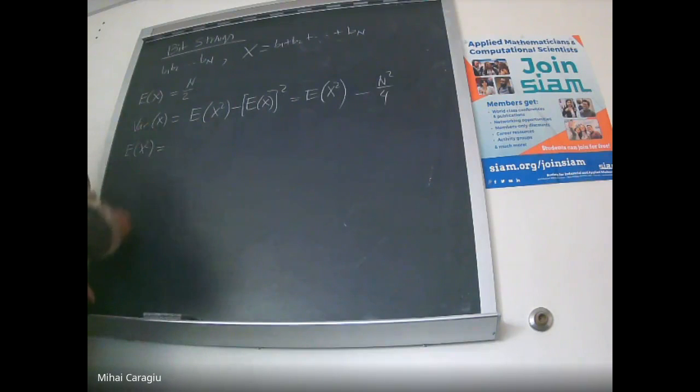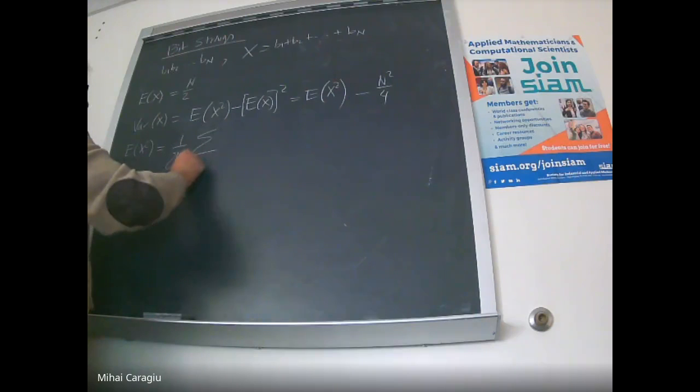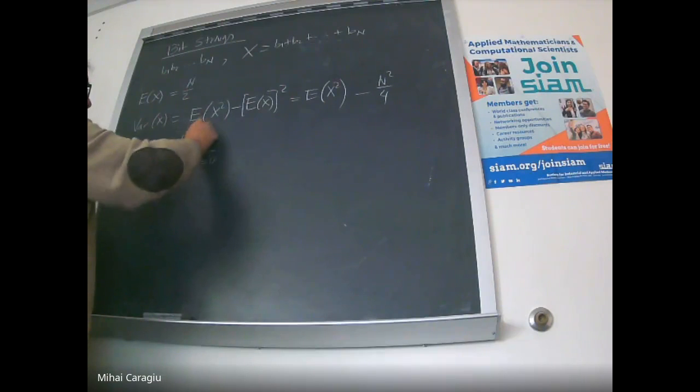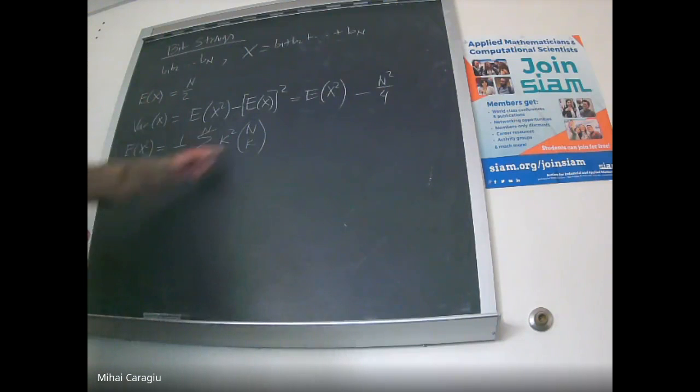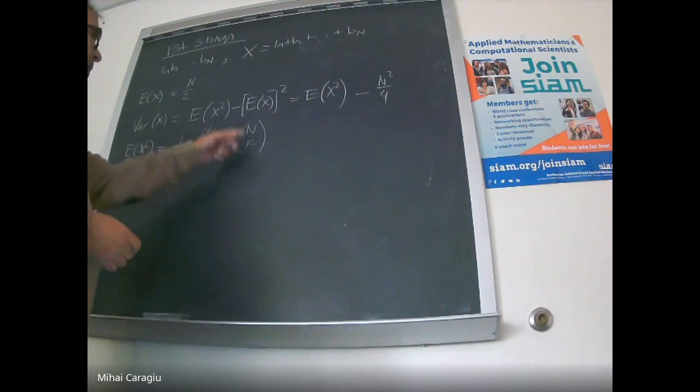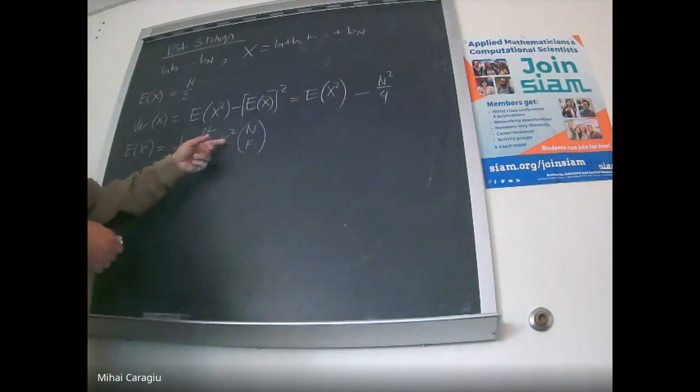So the expectation of x squared equals 1 over 2 to the power n, summation from k equals 0 up to n, k squared times n choose k. Because there are n choose k bit strings of length n which have k ones, for which the square of the random variable x squared is k squared.